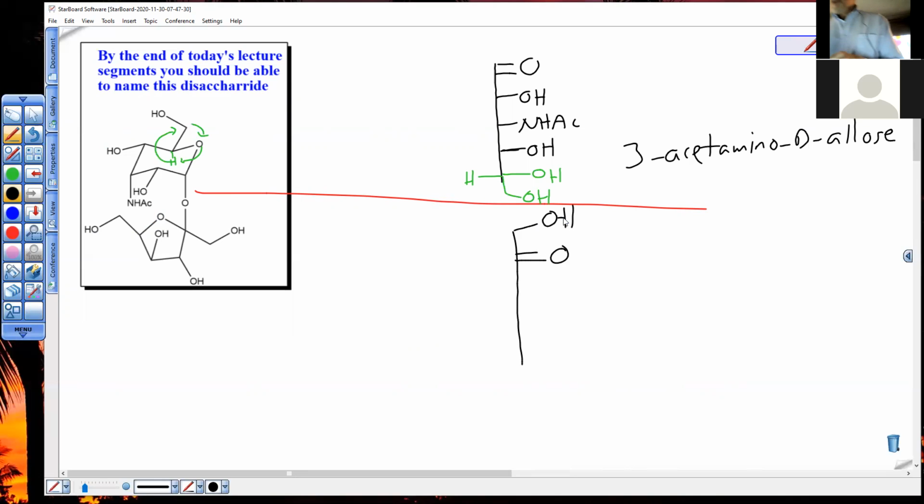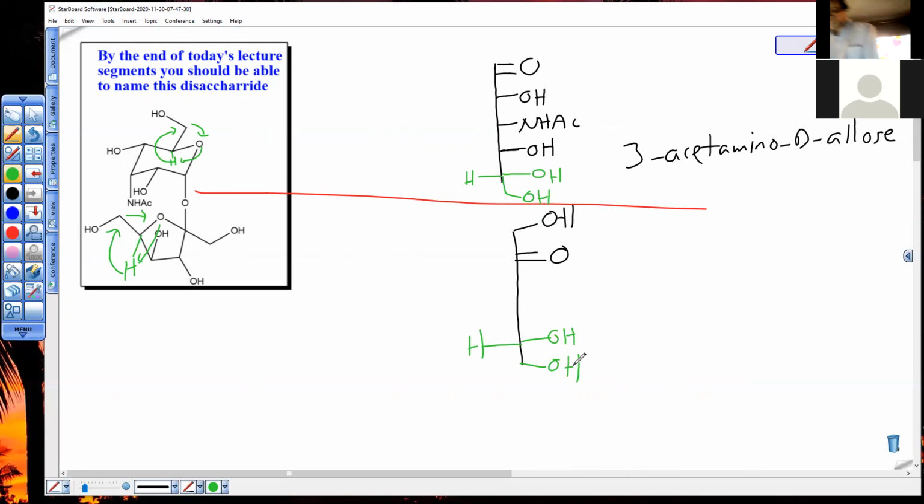Similar story. You got to get the CH2OH back into position. It'll be on the right side. Because when the CH2OH rotated to where the O is, the OH rotated down there, and the H ended up here, up left.